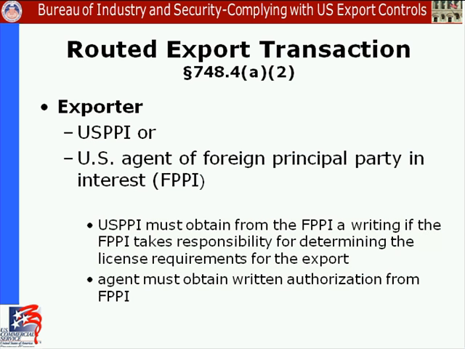So again, the customer, the purchaser, the foreign principal party in interest is directing the U.S. supplier to use a particular freight forwarder or agent located physically here in the U.S. And because they are controlling the flow of the item to themselves, that transaction is considered a routed transaction. Basically, the customer is routing the transaction through an agent in the U.S. acting on their behalf. So that's the distinction.